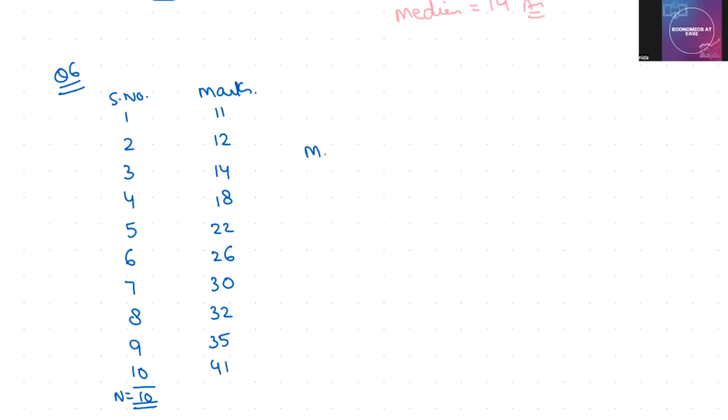Okay, now I'm going to write the formula. Median is equal to size of (n plus 1) upon 2th item.